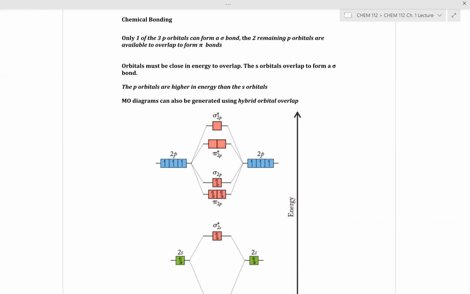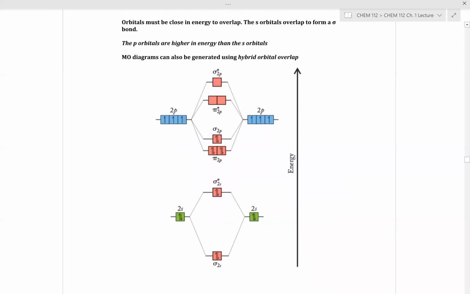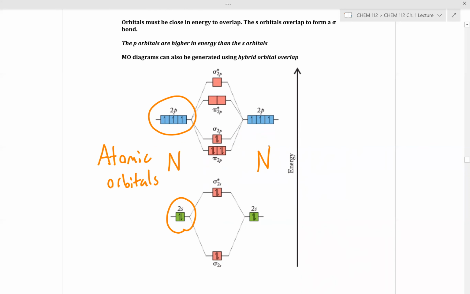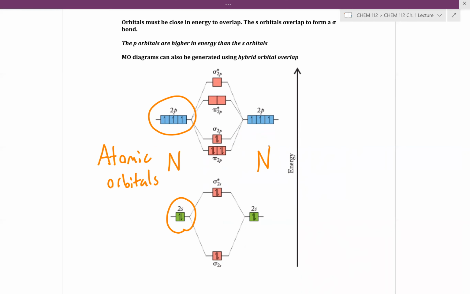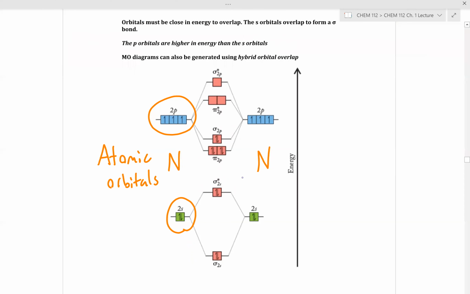So, in MO theory, the central premise is we are going to take each of our atomic orbitals, so our s and our p orbitals. In this case, we're taking a nitrogen atom and showcasing a bonding interaction with a second nitrogen atom. From these atomic orbitals, we are going to overlap our atomic orbitals and we are going to generate molecular orbitals.